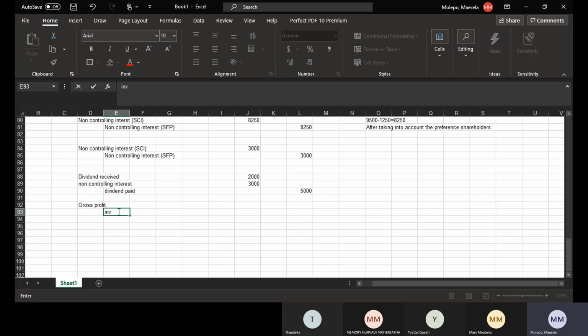So inventory is decreasing. Our 2.6 came as a result of 10,000 plus 3,000 equals 13,000 multiplied by 25 divided by 125. So we have 2,600. So our 2,600 will be recorded here as the elimination.